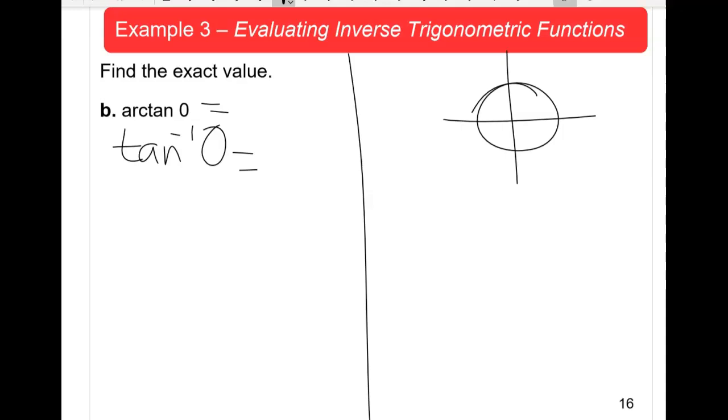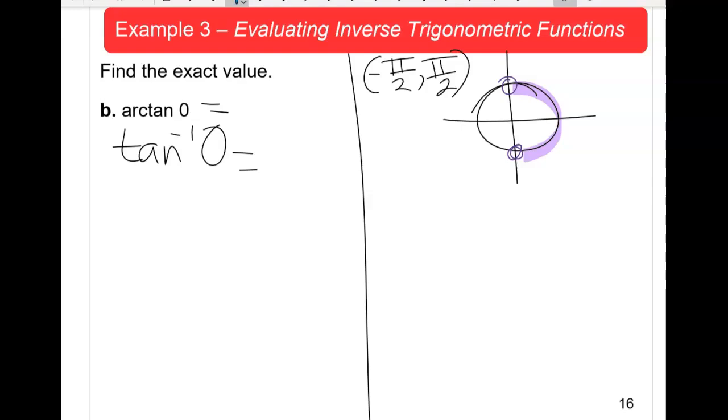First of all, tangent was restricted from negative pi over 2 to pi over 2, without including them, because remember, those are asymptotes. The function is not defined there. And then we will concentrate on quadrants 1 and 4. So our answer needs to come from there.